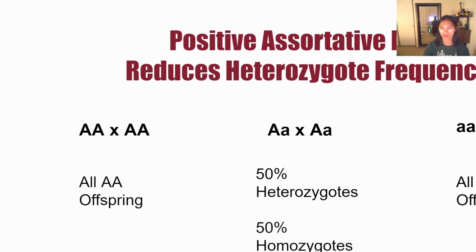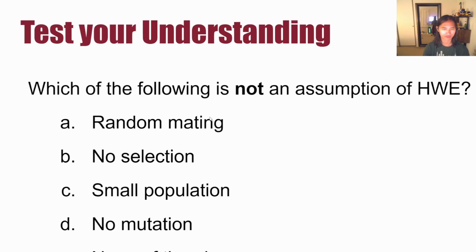Homozygous breeding will produce only homozygous offspring, and then heterozygous breeding will produce only 50% heterozygotes for the next generation, while 50% are homozygotes, which will compound and snowball into even more homozygous offspring. Keep in mind that due to positive assortative mating, homozygotes will be less likely to mate with heterozygotes.